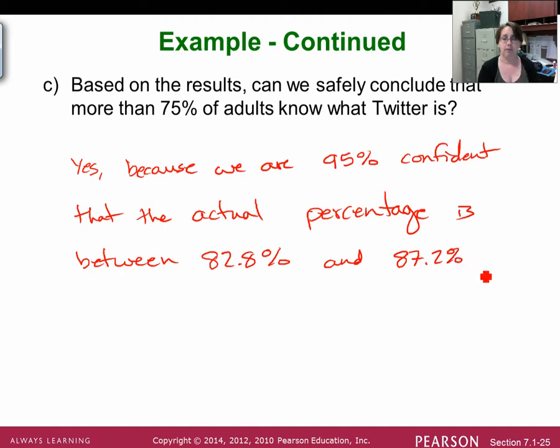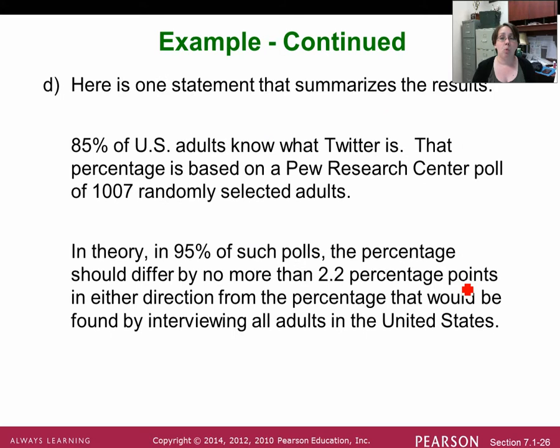There you go. Now there's a chance it's less than that or more than that, but it's a very small chance, only a 5% chance. Part D. Here's one statement that summarizes the results.